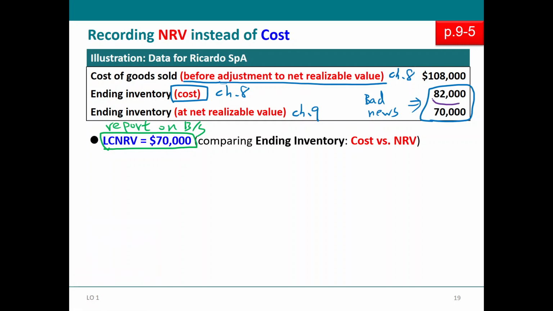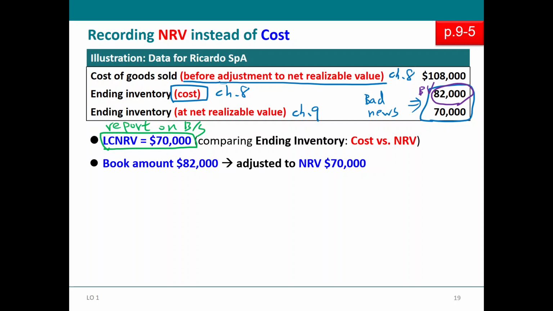So this is the number we have right now. Okay, so what should we do? We should tell them, because of bad news, my ending inventory's value decreased from $82,000 to $70,000.